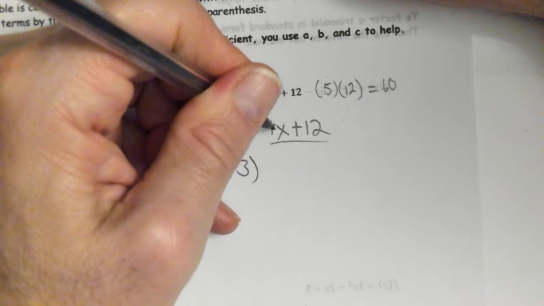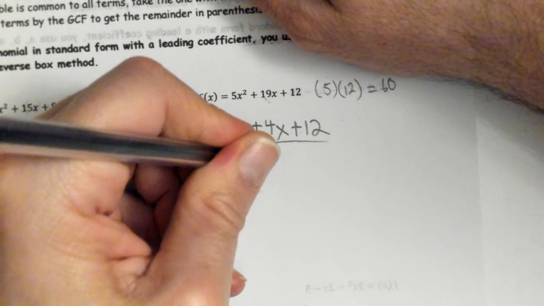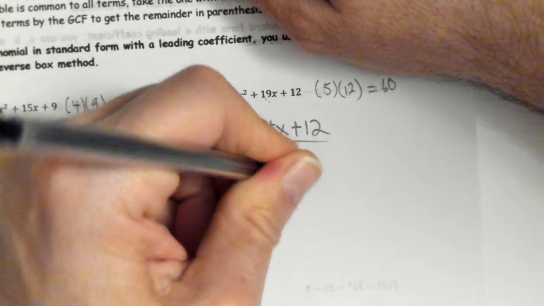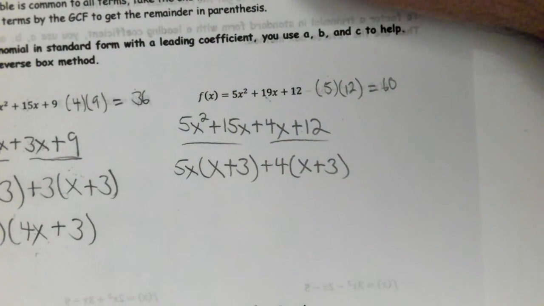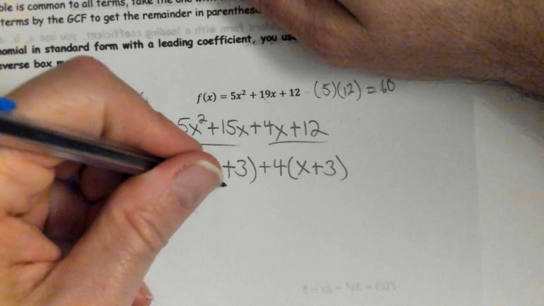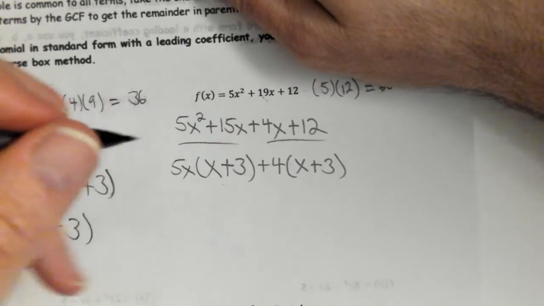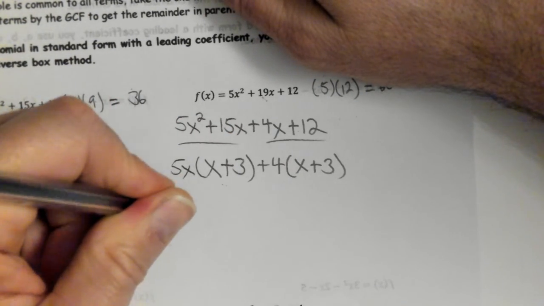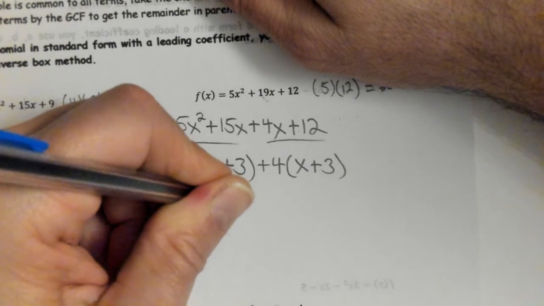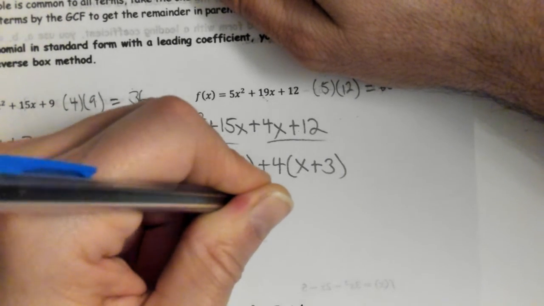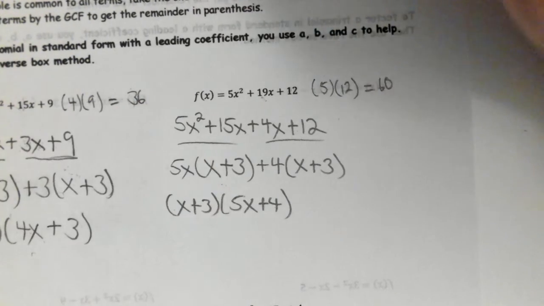Now here I can pull out a 4, so that's going to be a plus 4, and we're going to have x plus 3, and notice the parentheses match. That's what I want, because now I can pull in my next step the x plus 3 out of there. X plus 3, close it off, and in parentheses 5x plus 4 is left, and there's your answer.